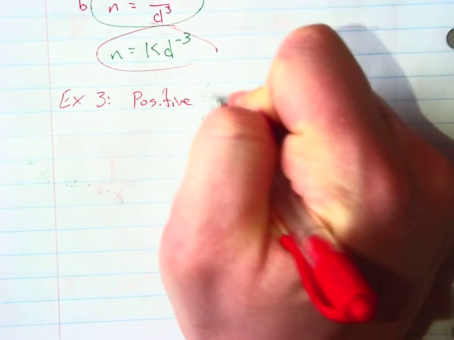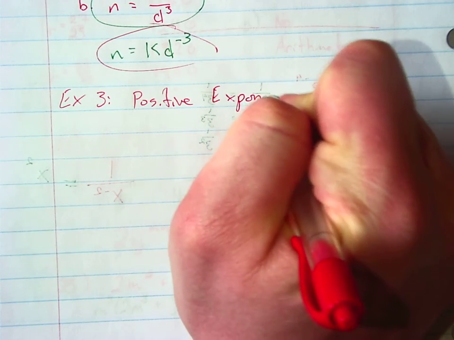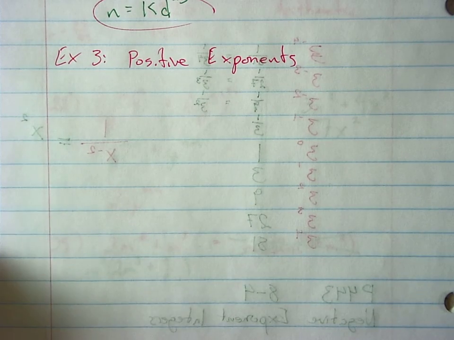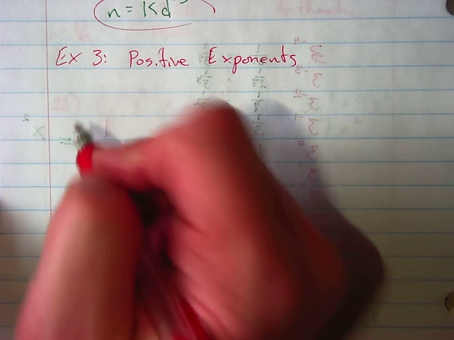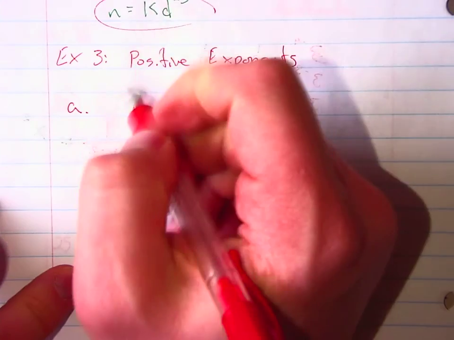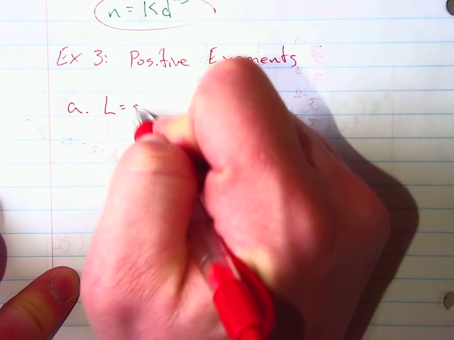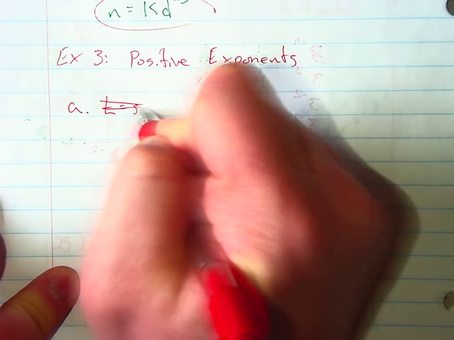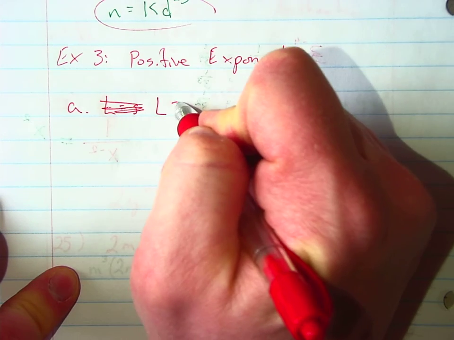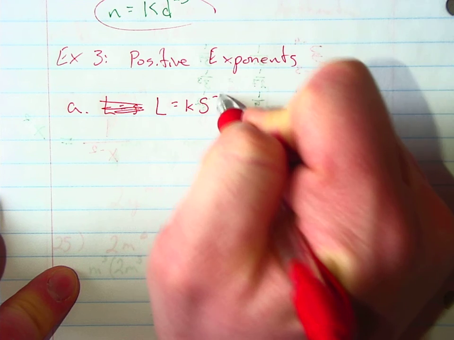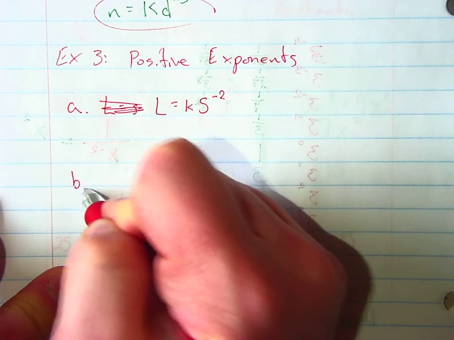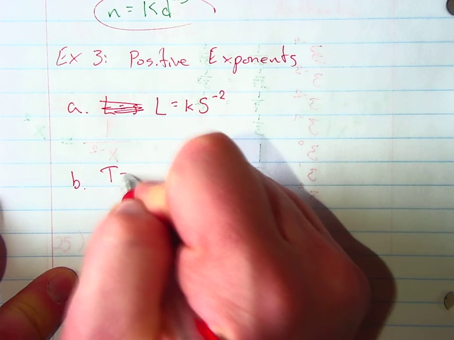So I want you to rewrite this until we have positive exponents, which clearly means I'm giving you negative exponents. So A, L is equal to KS to the negative 2. B, T is equal to KLS to the negative 1.